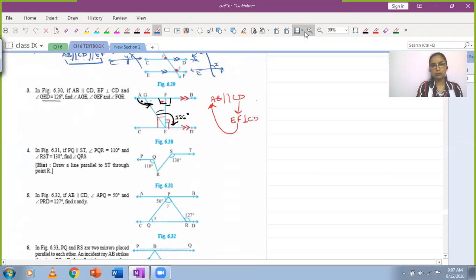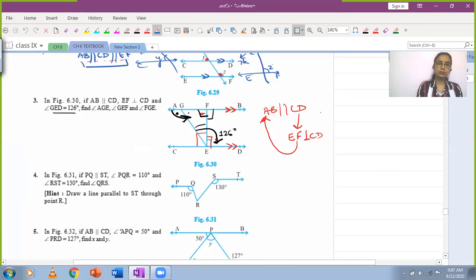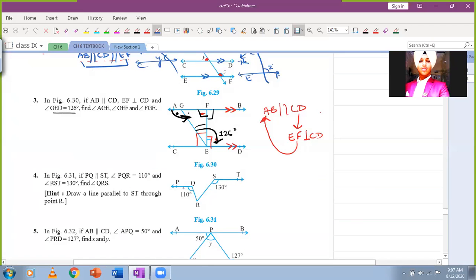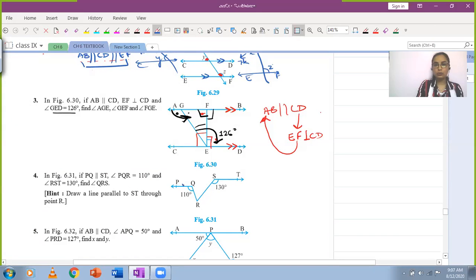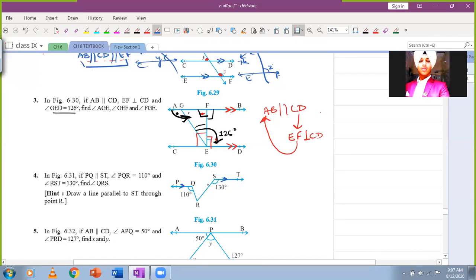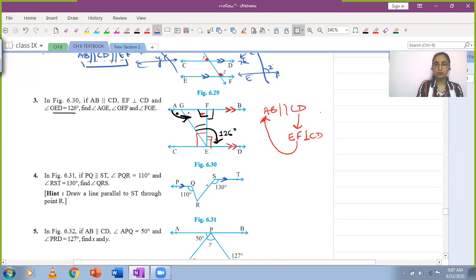Question number 4 of exercise 6.2. You have been given this figure here. PQ is parallel to ST, so there are two rays which are parallel to each other. Again, there are 2 or 3 ways to do this.